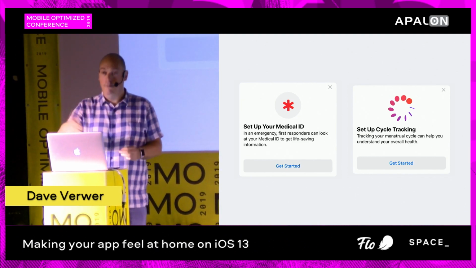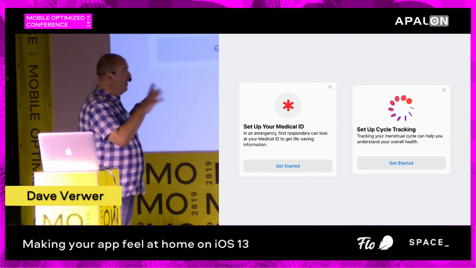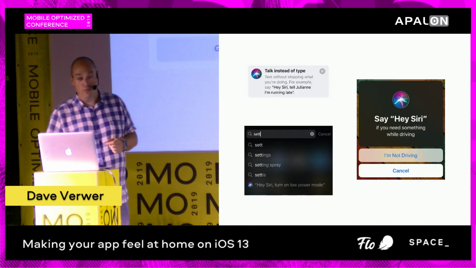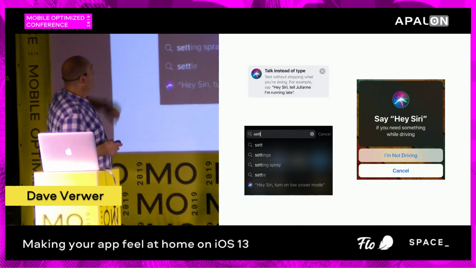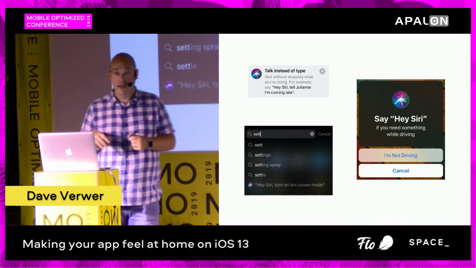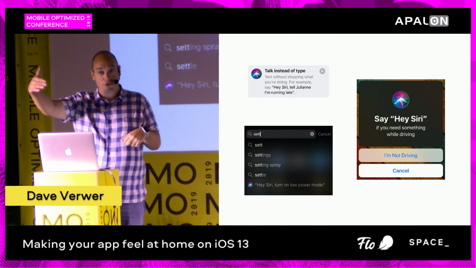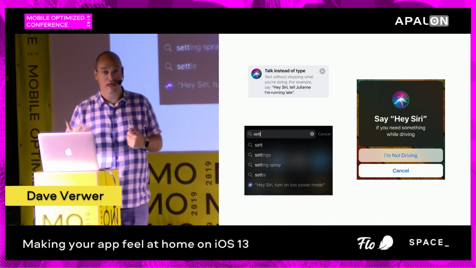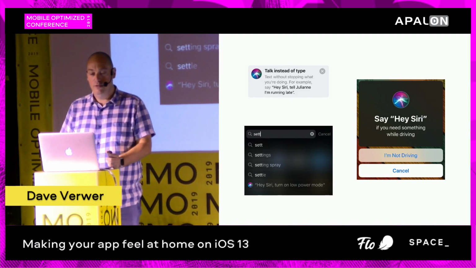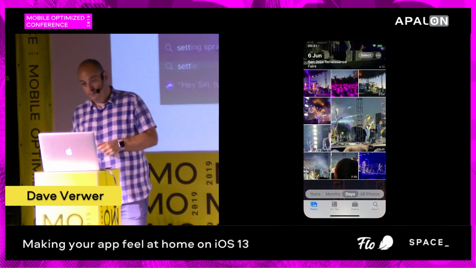So don't pop it up every time. The most annoying one would be this one here, talk instead of type, because that is quite valuable space on that list of messages. If that came back all the time, then that would start to annoy people. Once you dismiss it, you'll never see it again. So that's important.